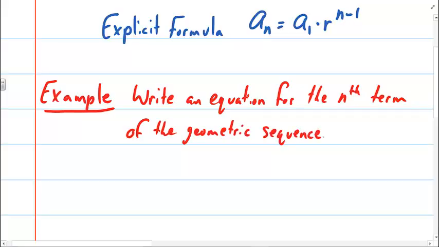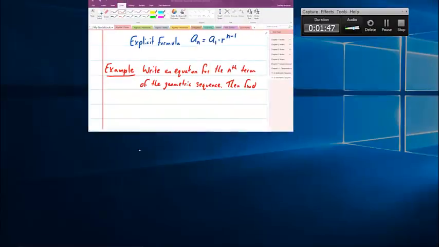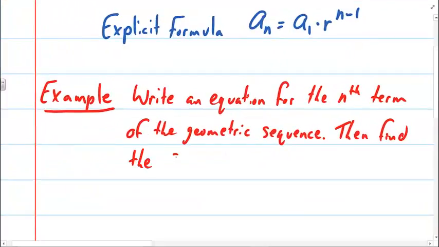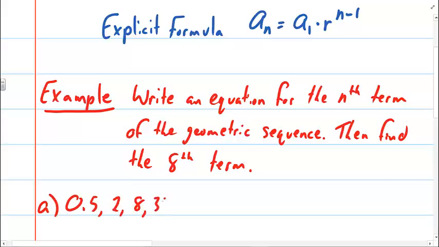It's going to give me a second part to this problem, so it's basically 2 in 1. It says then find the 8th term. Okay, so I'm basically going to do 2 problems at once. Example A is going to give us this sequence: 0.5, 2, 8, 32, dot, dot, dot.